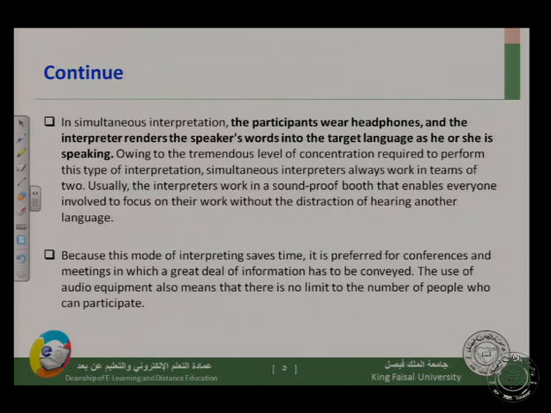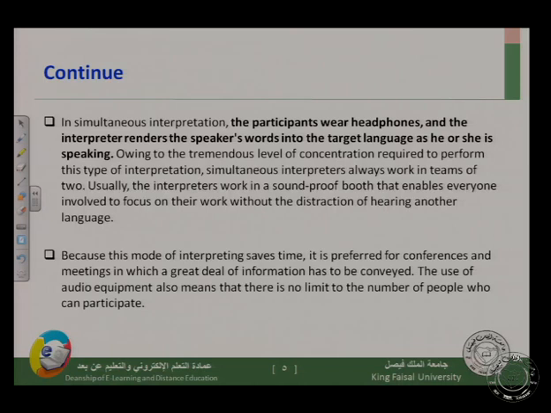The interpreter, the one who renders the speaker's words into the target language as he or she is speaking, sits in a small room with headphones, while so many people sit in a different conference hall with headphones.